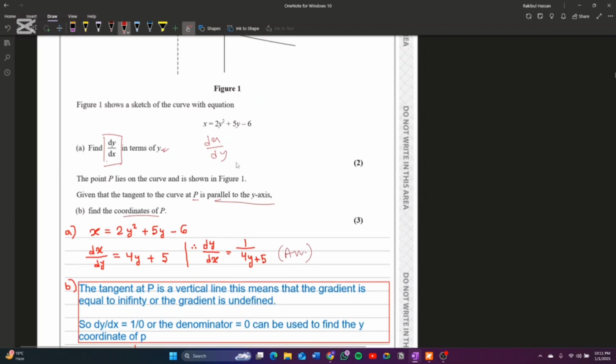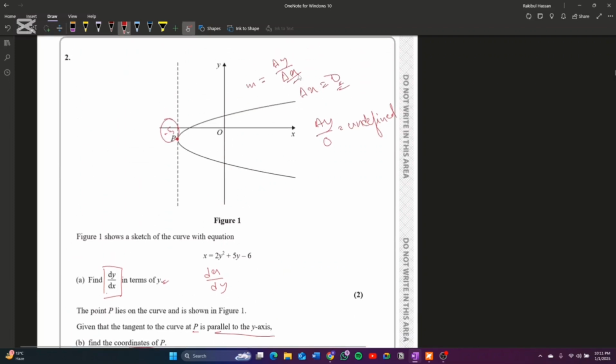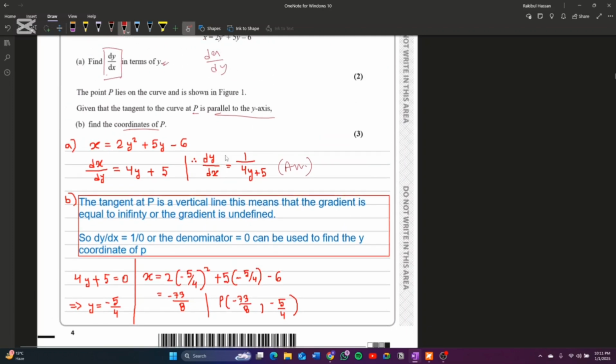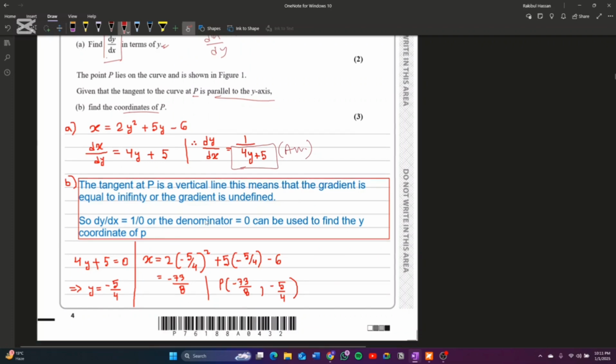As I've mentioned before, the denominator of the gradient for such a line has to be equal to 0. Since we know the gradient, dy by dx, is equal to 1 over 4y plus 5, this denominator will be equal to 0 for the line.